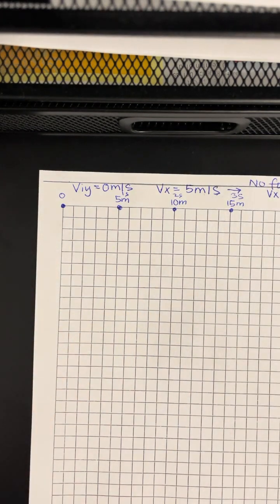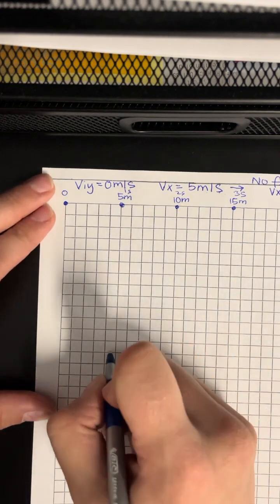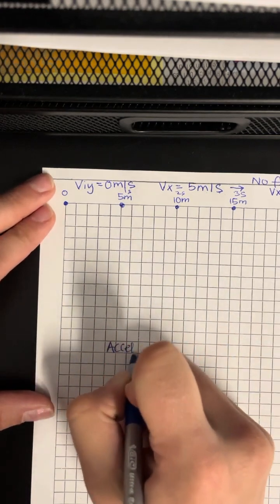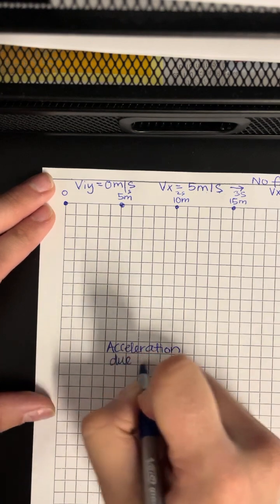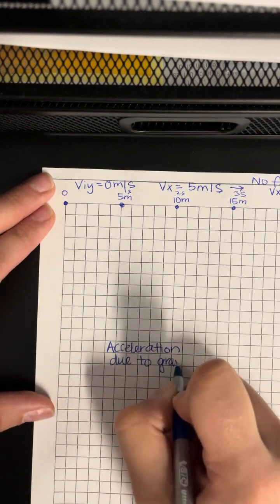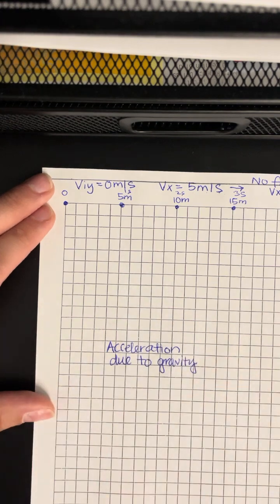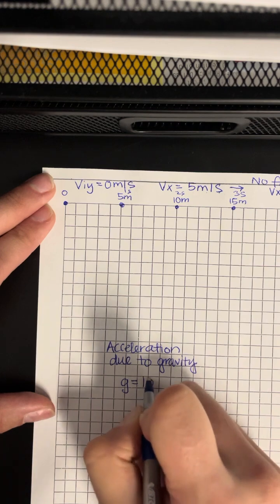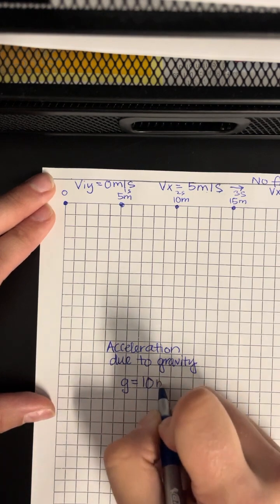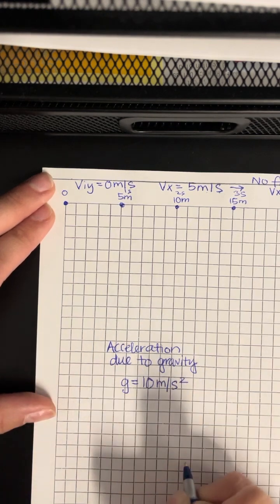It's not as easy for the y, because what's happening for our y is we have acceleration due to gravity, or the force of gravity acting on our object. And if we remember, the gravitational acceleration is equal to 10 meters per second squared.